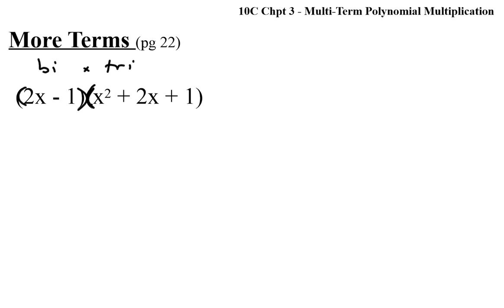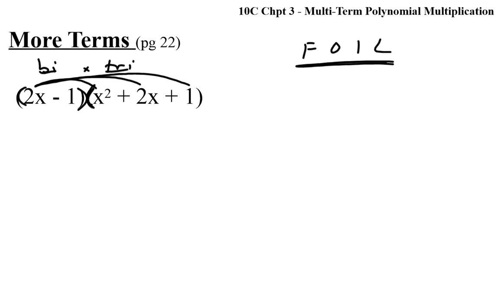Well, it's the same kind of process, but FOIL is only 4 multiplication steps. Well, a binomial times a trinomial is more than just 4. So FOIL isn't really what works here. I kind of refer to it sometimes as extended FOIL. This 2x has to multiply by every term in the other polynomial.